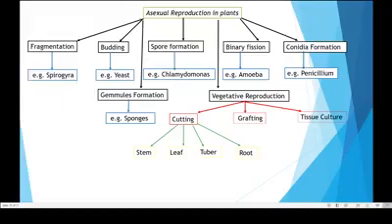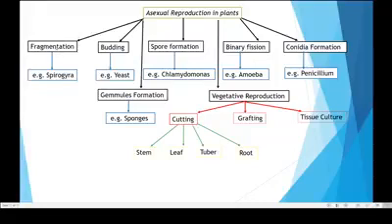So that was all about asexual reproduction in plants. Summary you can see here. The modes of asexual reproduction are fragmentation, budding, spore formation, binary fission, conidia formation, gemmules formation, and vegetative reproduction.